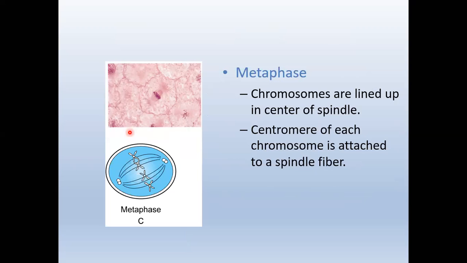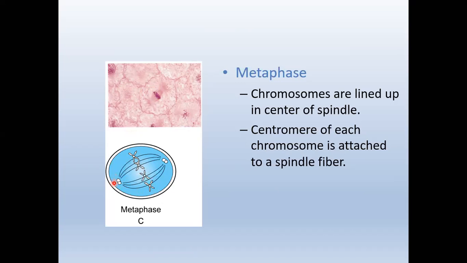All right, we have now set our DNA free, huzzah. And so now what we're going to do during metaphase is line everything up in the middle. Here you can see the DNA is all nicely lined up in the middle. Here's our picture. DNA is all lined up, just like good little soldiers.